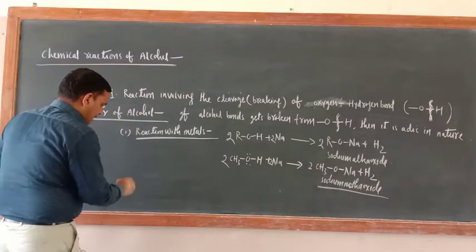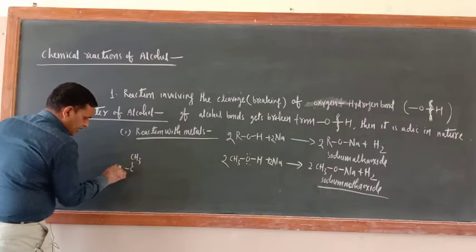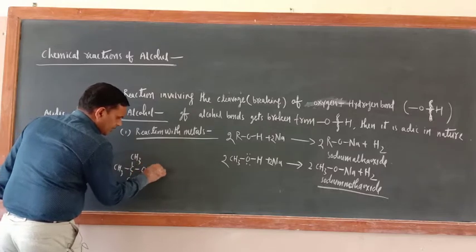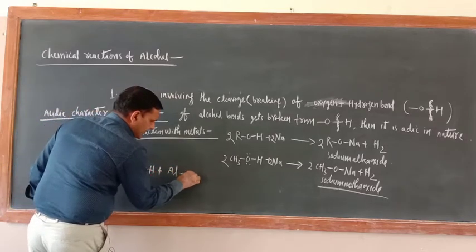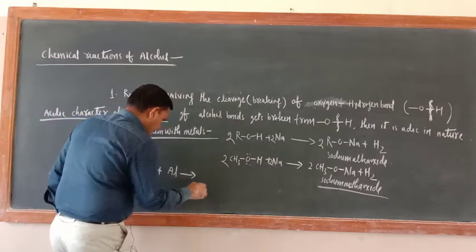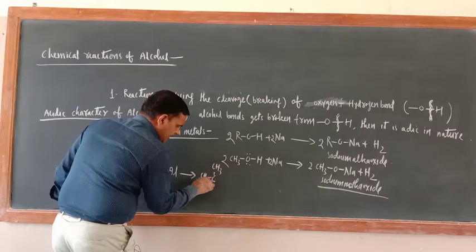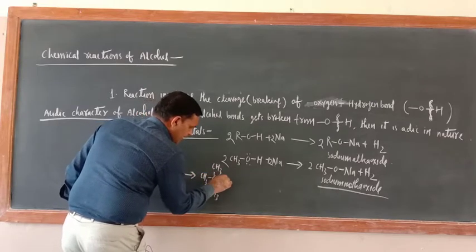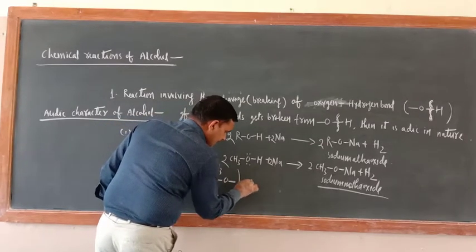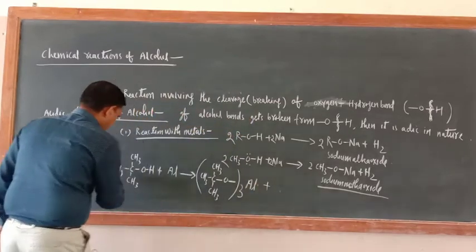Take some bigger alcohol. Just see, this is CH3, here also CH3, and here OH. Its reaction with aluminium metal. So what is the product? Definitely H will come out, and the product would be C, here CH3, here also CH3, O whole thrice aluminium. Okay, plus what would be there?